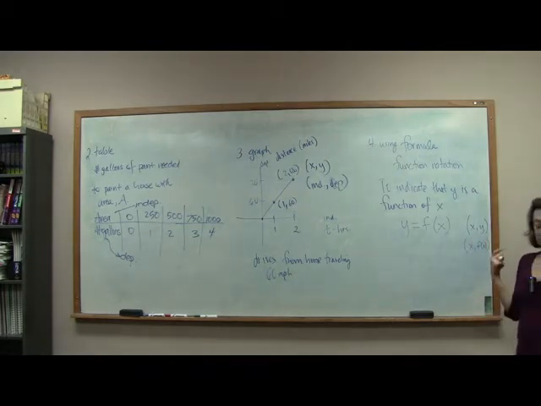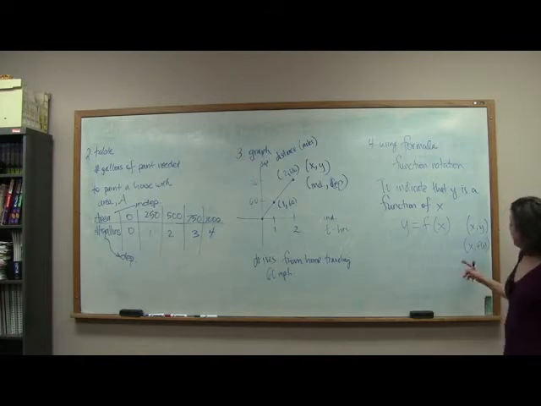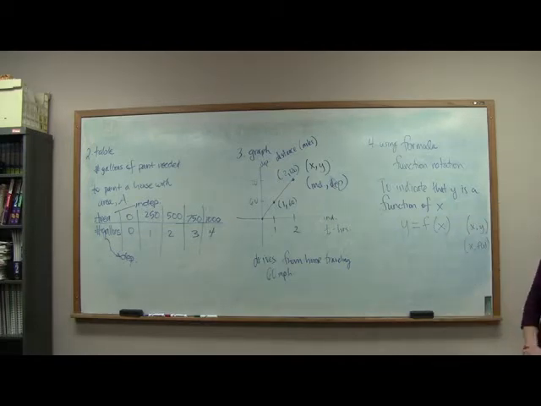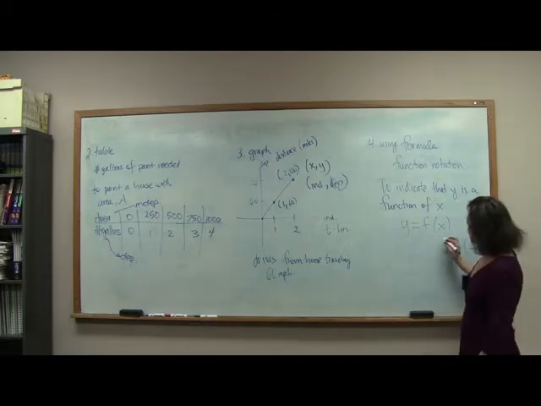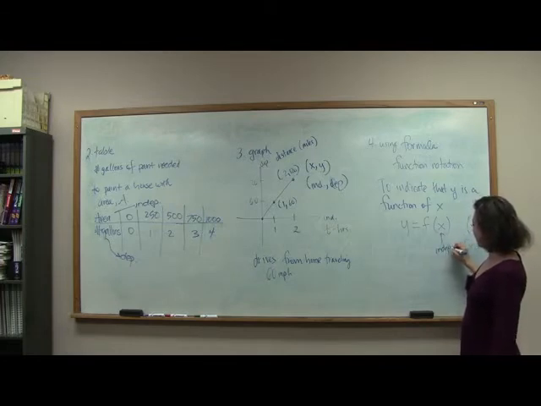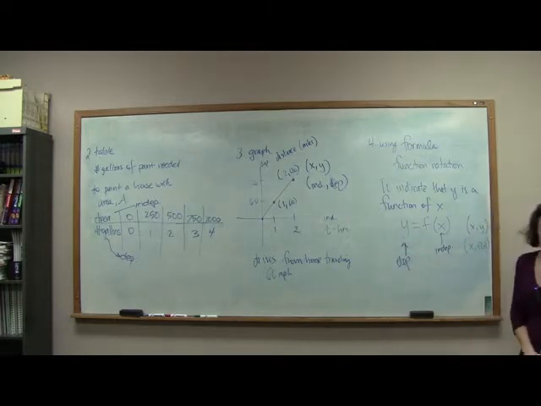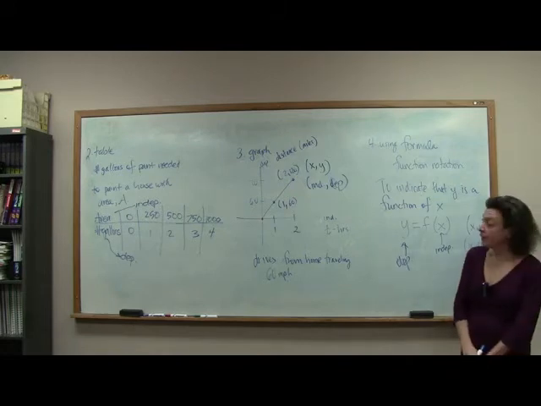Something really important for me to point out is that y and f of x are the same thing. Okay? Now, when we're looking at a function this way, our x, again, is our independent variable, and our y is our dependent variable. Okay?